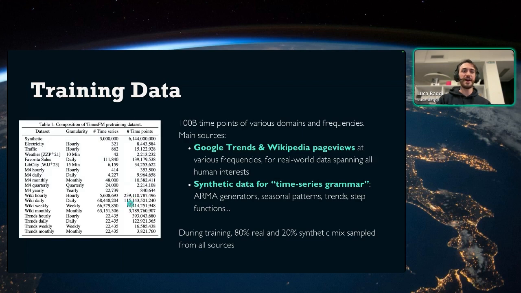You see here that they use an incredible amount of time steps from Wikipedia, basically the number of clicks on certain pages, to mirror and mimic what's happening with human interest over certain topics. And this is incredible because they think of synthetic data, especially the generated one, as trying to teach the model the grammar of time series patterns, so that it learns and can adapt and extrapolate to other contexts.